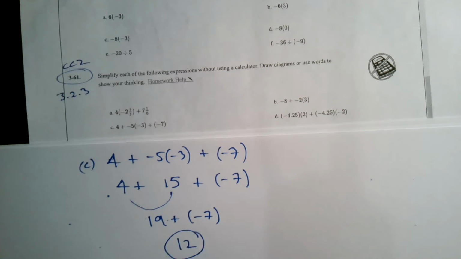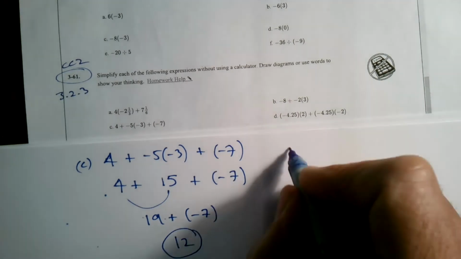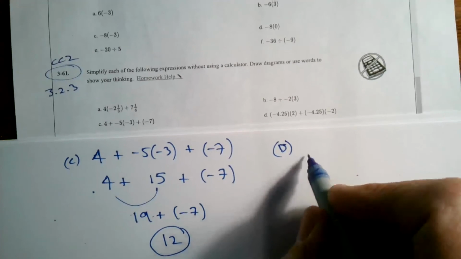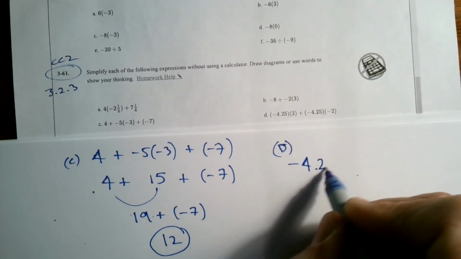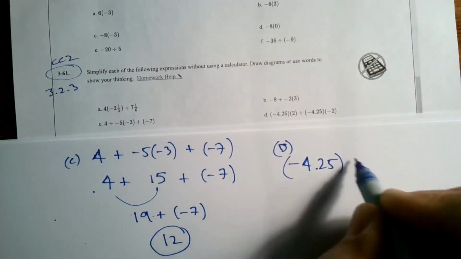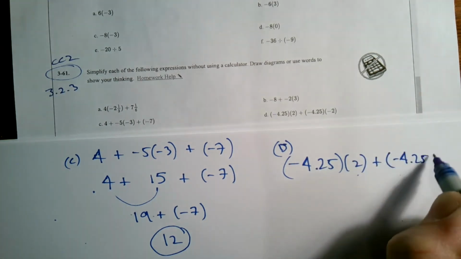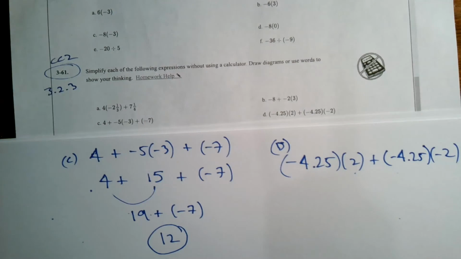And last one, D. D shows -4 and 25/100 times 2 plus -4 and 25/100 times -2.